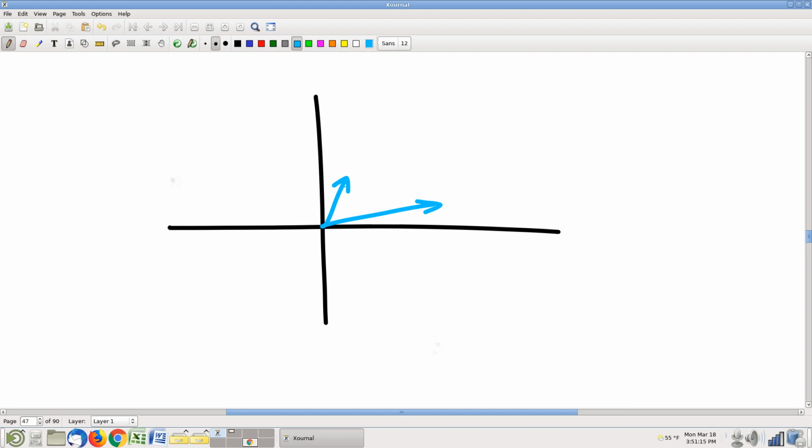So let me argue that rotation commutes with addition. I'm going to try to show that if I add first and then rotate, that's effectively the same as if I rotated and then added. The way I'm going to prove that is by drawing a couple of parallelograms. So there's a parallelogram.